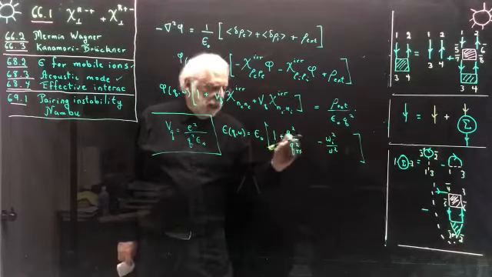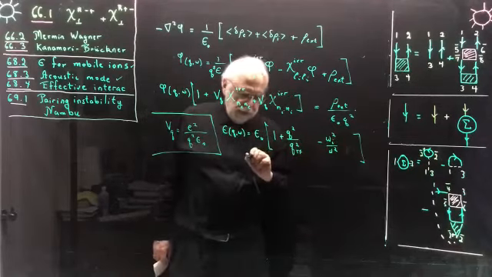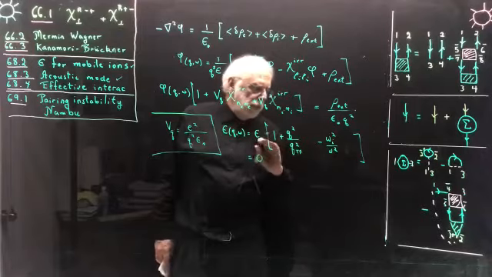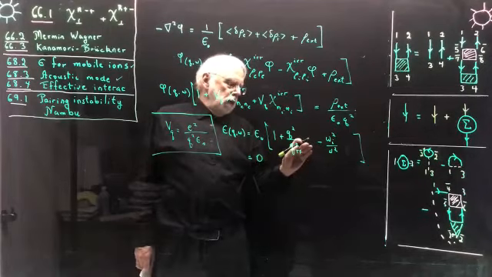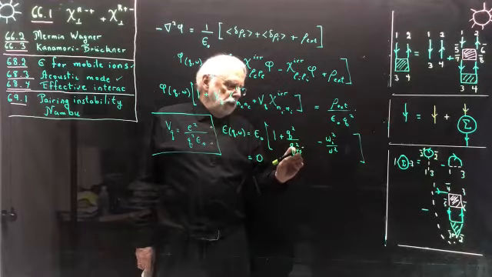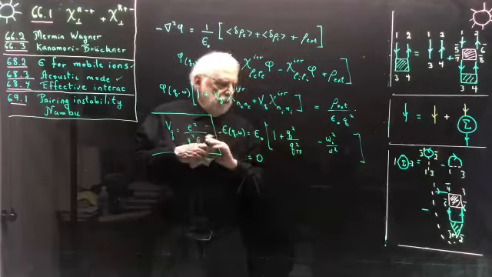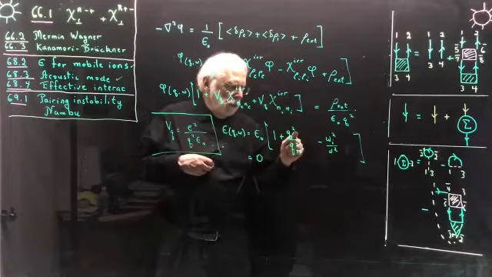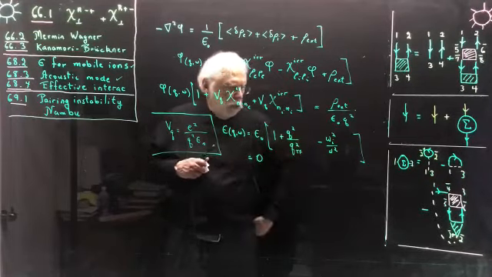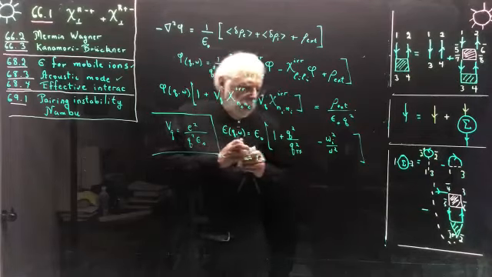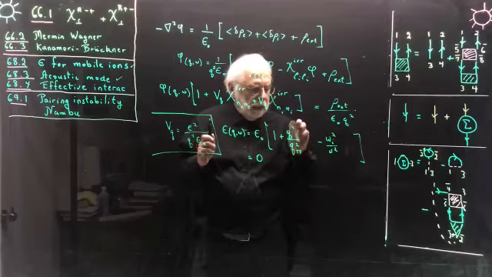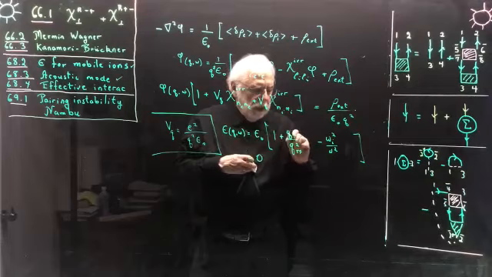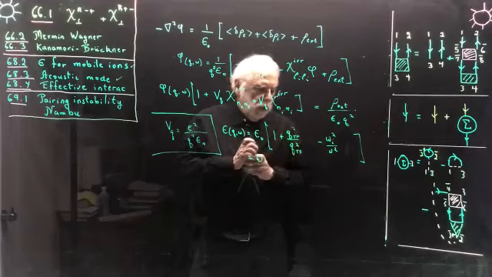So I multiply everything by omega squared. I hope I got this right here. Is this q Thomas Fermi squared divided by q squared? Yes, I think so. I think I did it backwards here. Anybody has the notes? I think this is q Thomas Fermi squared divided by q squared.